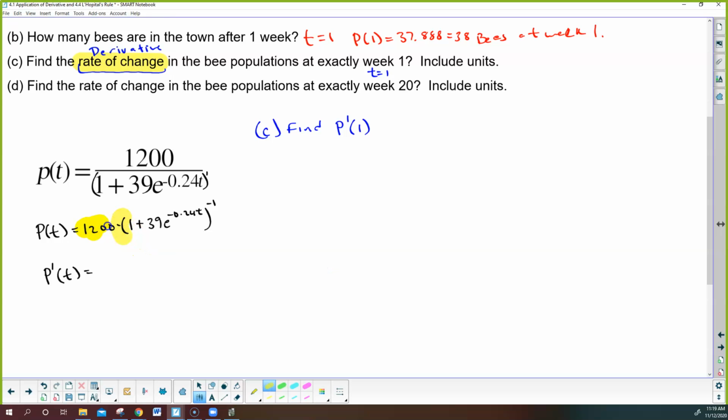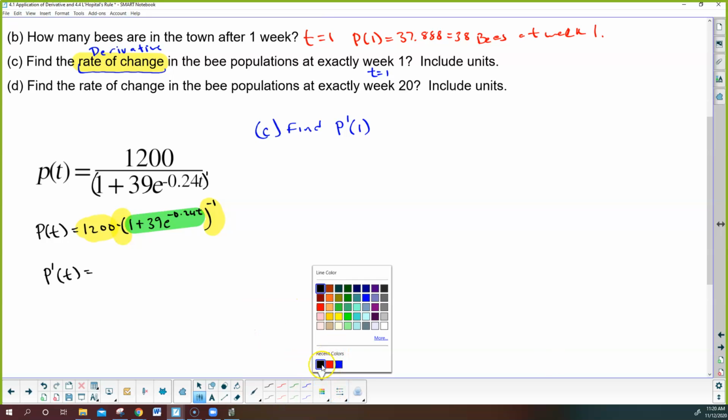All right, now notice the 1200, that's just a constant. But I have my outside function, which is something to the negative first power. And then I have my inside function, which has the e to the x in it. Okay, so if I do the derivative, the 1200 is going to stay.